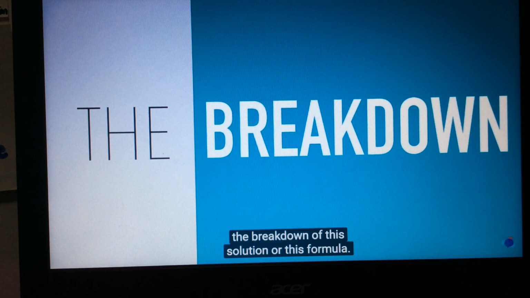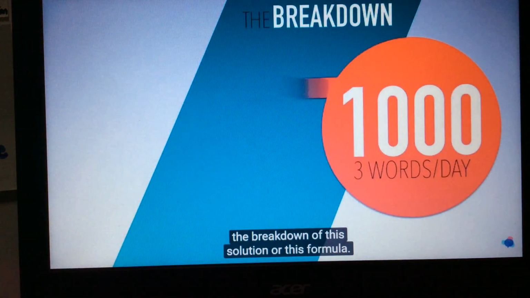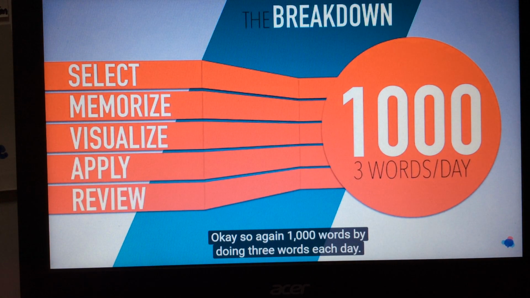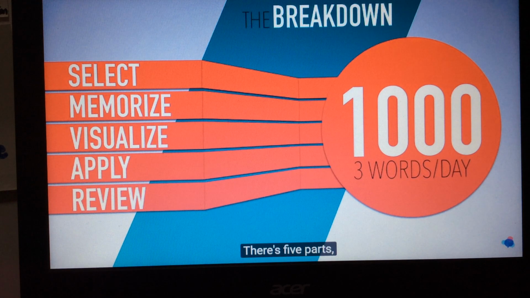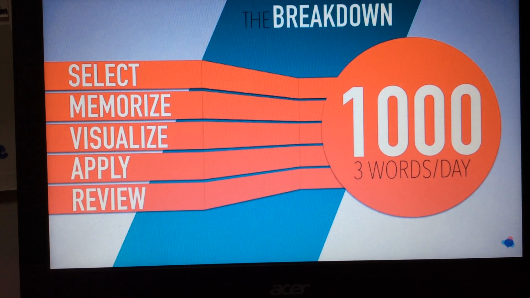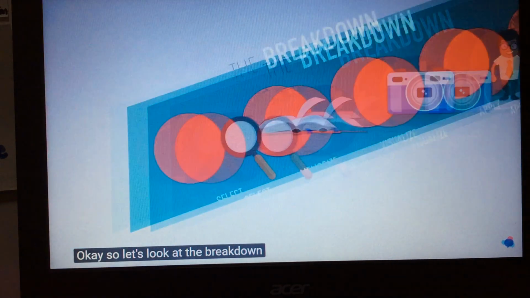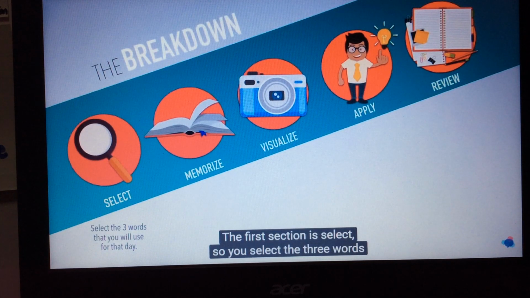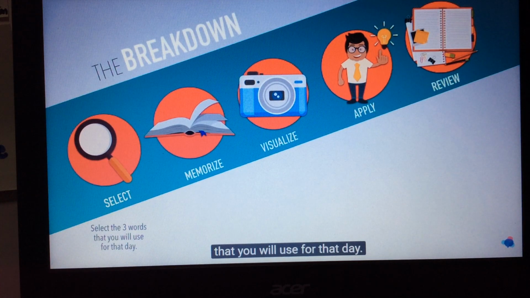Let's look at the breakdown of this solution or this formula, okay? So again, 1,000 words by doing 3 words each day. There's 5 parts: the select, memorize, visualize, apply, and review. Okay, so let's look at the breakdown in a little bit more detail. The first section is select. So you select the 3 words that you will use for that day.